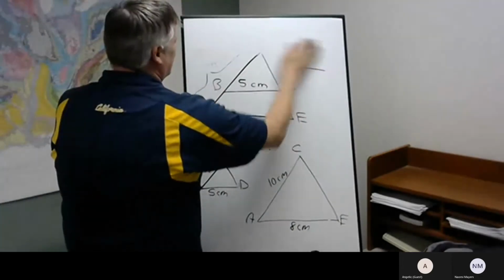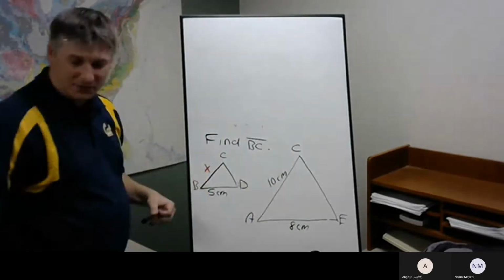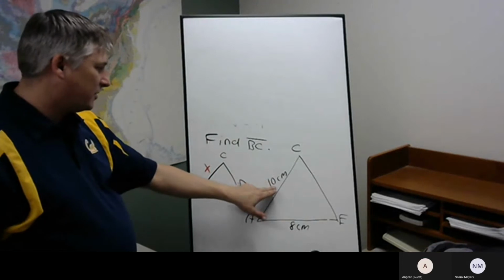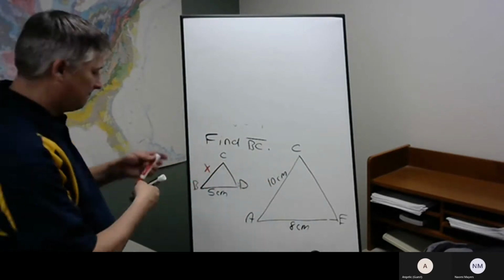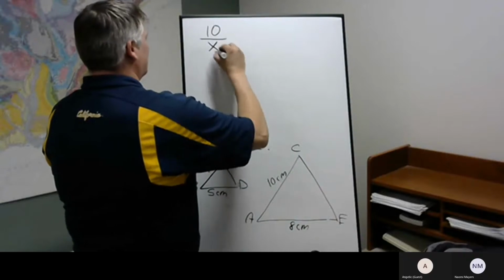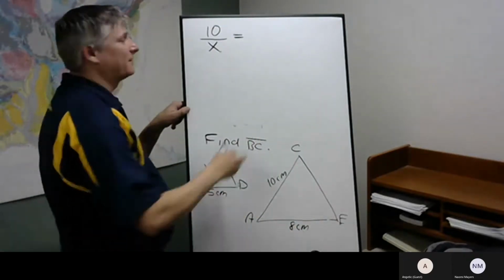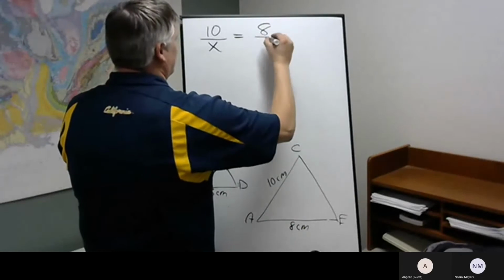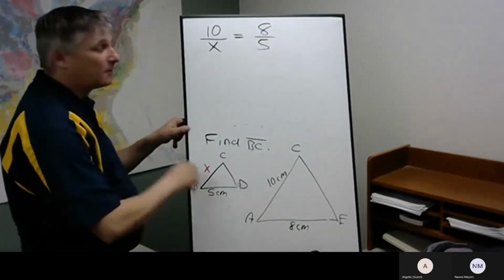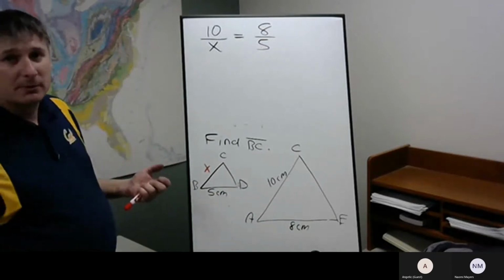So to solve for X, BC, we take the ratio of this over this, the ratio of this over that. Large over small, large over small. Now again, we're going to use cross multiplication.